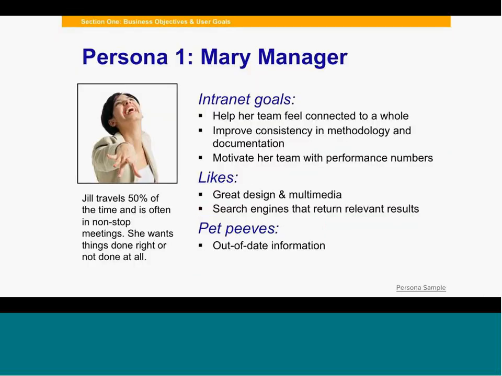And so a simpler version of this, something a little more similar to what we'll be doing today, has important information: goals, likes, and pet peeves. With this minimal of a document, you can get a lot of important information.